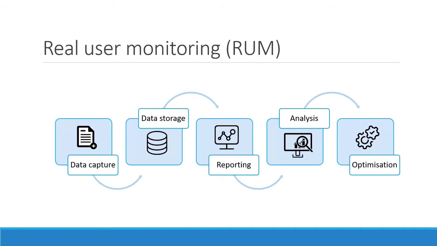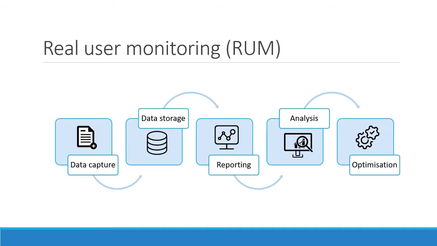So in this presentation, we will focus on the user side, which is called Real User Monitoring, or RUM. And it really consists of these 5 stages. Data capture, which means we need some kind of mechanism to capture all these performance metrics from the user browsers. Then data storage. All of this data, we need to store somewhere for later use. Then it's the reporting and visualization.